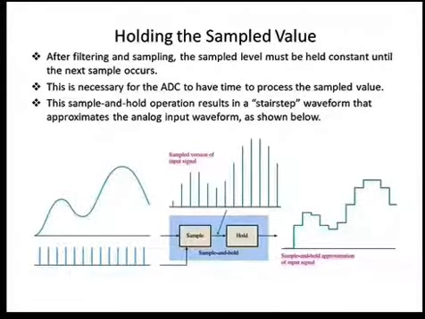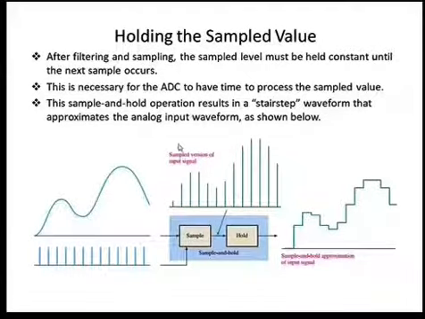After sampling and filtering, the next step is to hold the sample value. The sample level must be held constant until the next sample occurs. Why is this necessary? Because the ADC needs time to process the sample value.